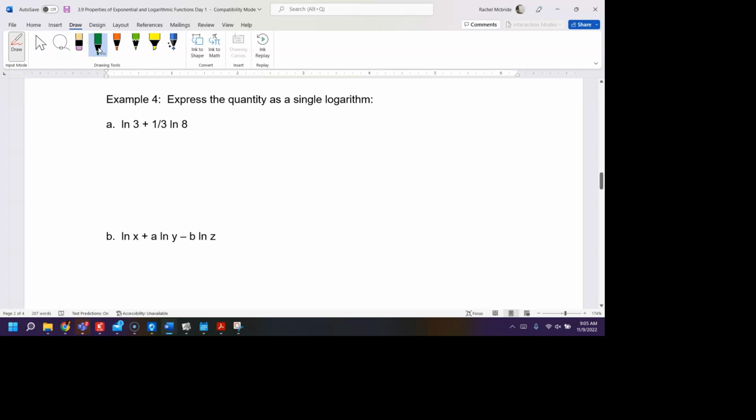In reverse, the first thing you do is bring the coefficient in. So if you're doing it in reverse, you bring the coefficient in first. So you have ln 3 plus ln 8 to the 1/3. Then you multiply.